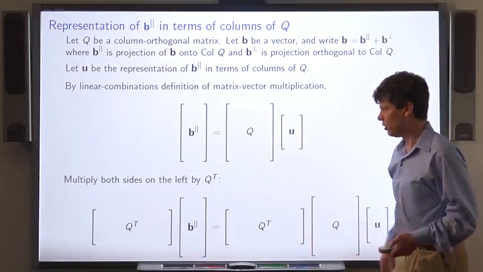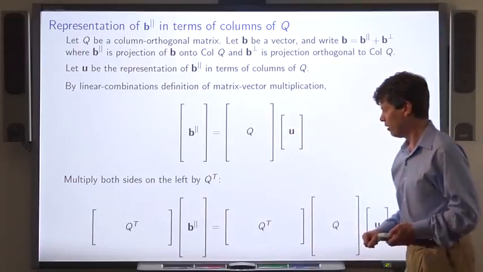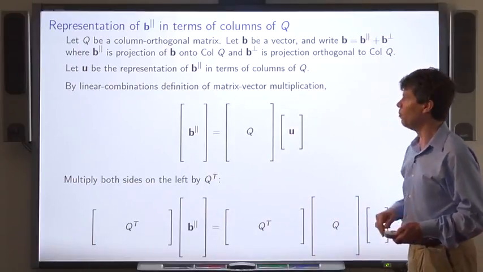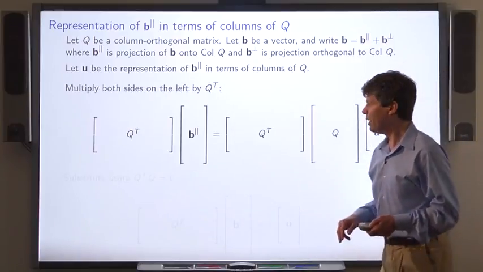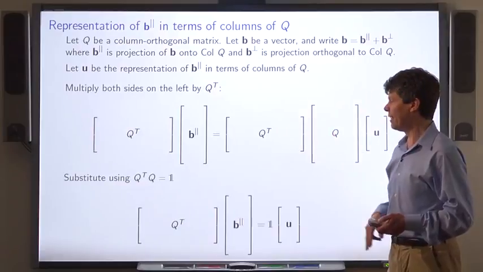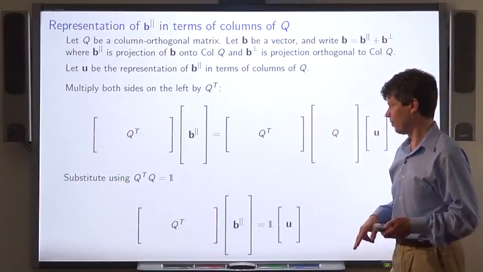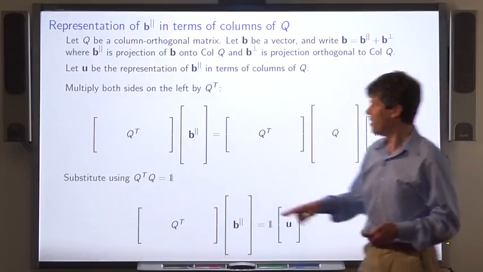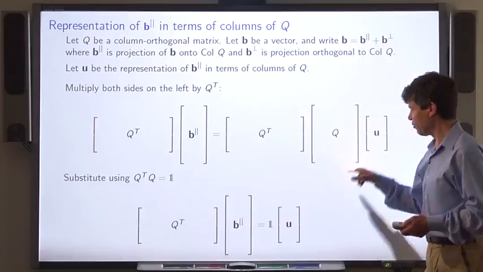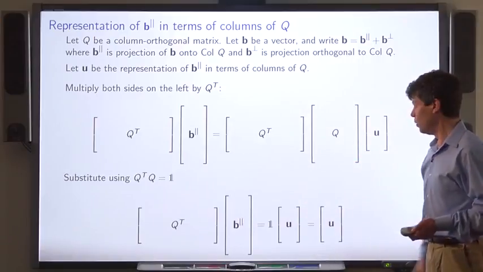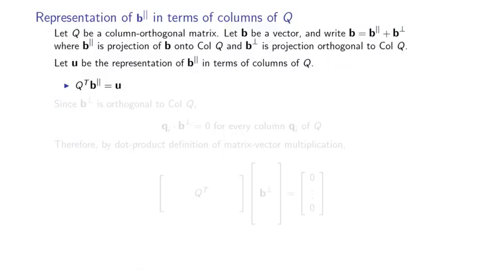We get Q transpose times B parallel equals Q transpose times Q times U. Now, we know that Q transpose times Q is the identity matrix. So we get that Q transpose times B parallel equals the identity matrix times U. That is, U itself. So we've seen that Q transpose times B parallel is U, the coordinate representation of B parallel in terms of the columns of Q.